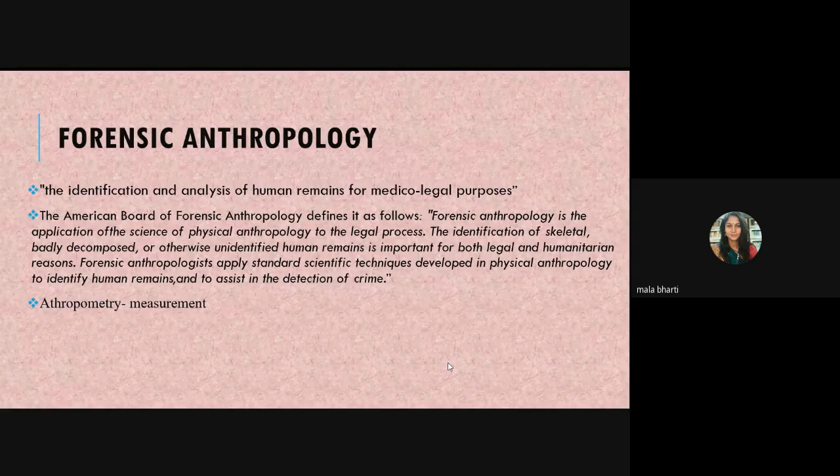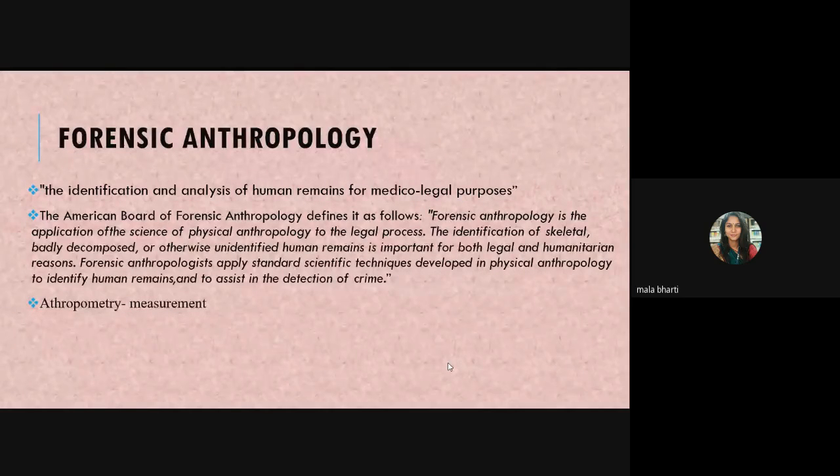Forensic anthropologists apply the standard scientific techniques developed in physical anthropology to identify human remains and assist in the detection of crime. The role of the forensic anthropologist is to give an opinion regarding the individual, to narrow it down, and to find out about the individual without getting into DNA analysis.